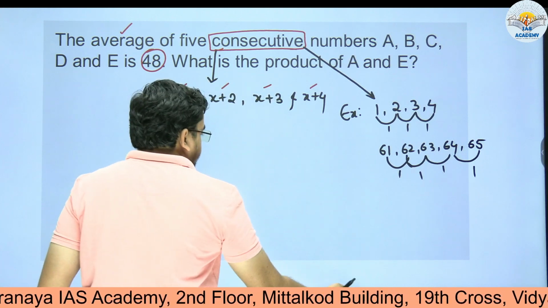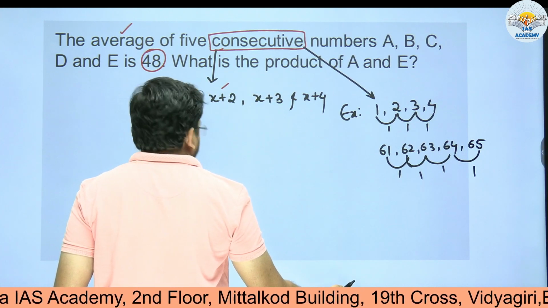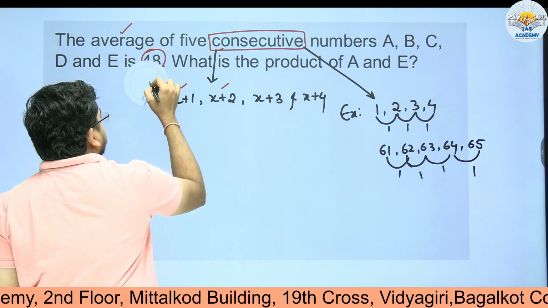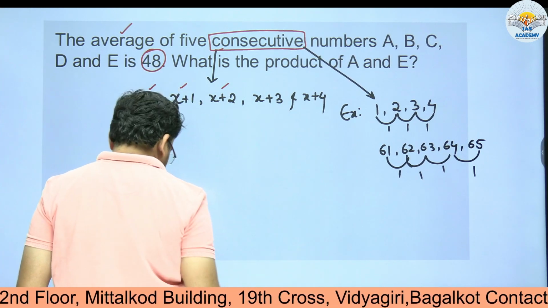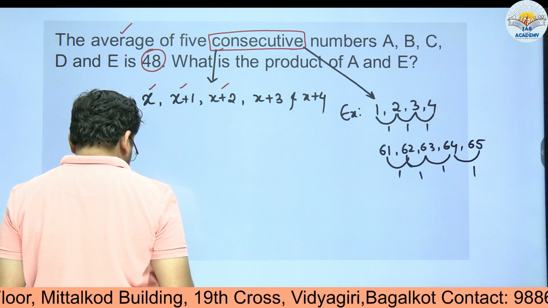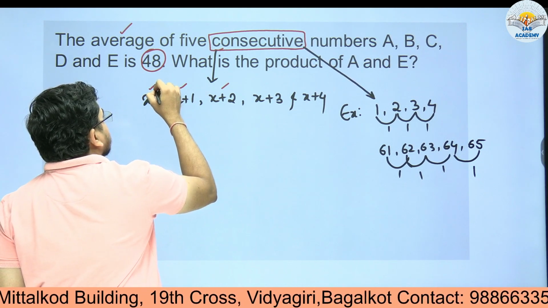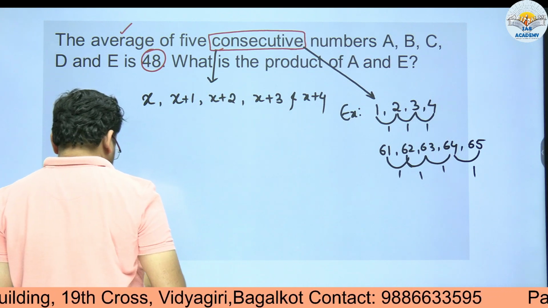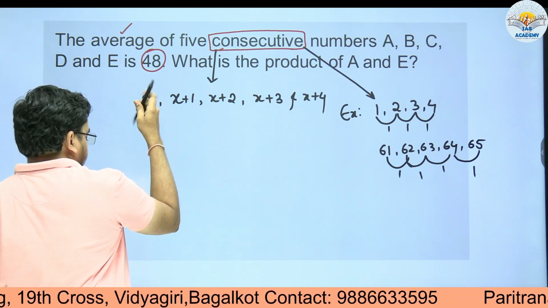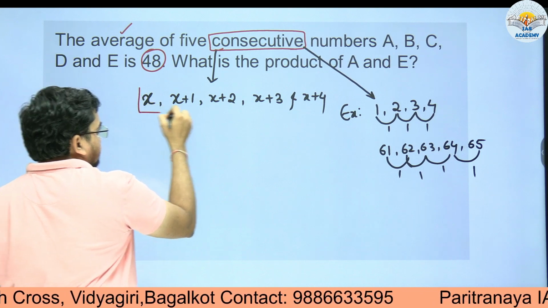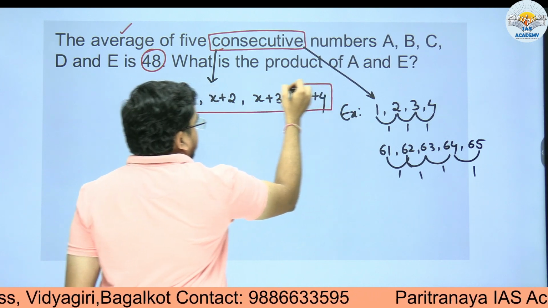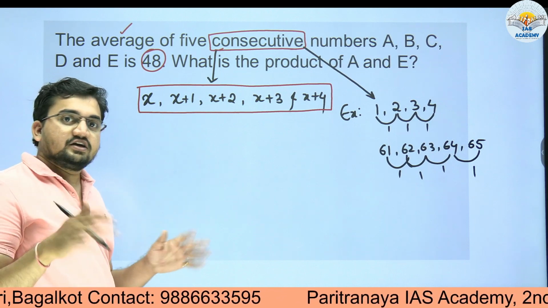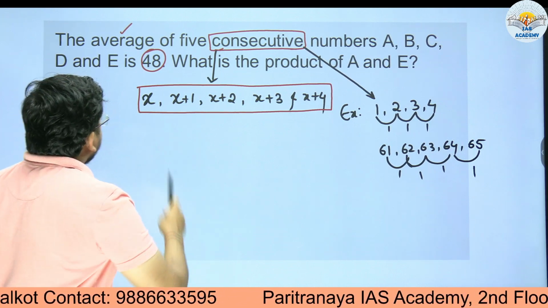All right, so this is the 5 consecutive numbers. Now again apply the formula of average.